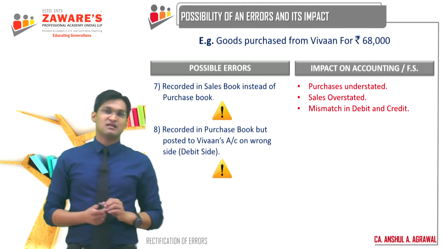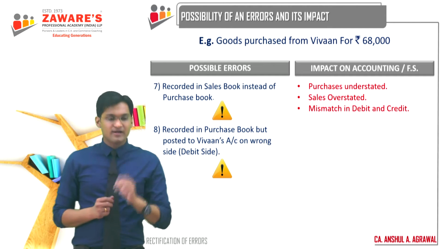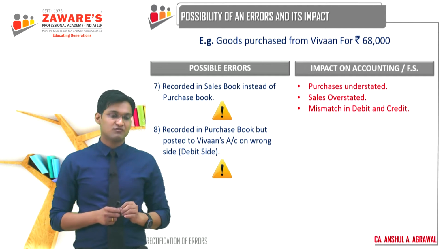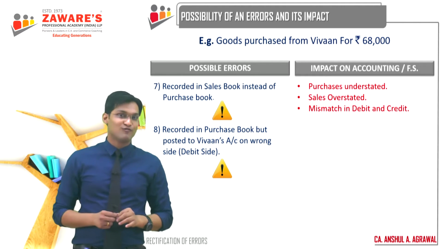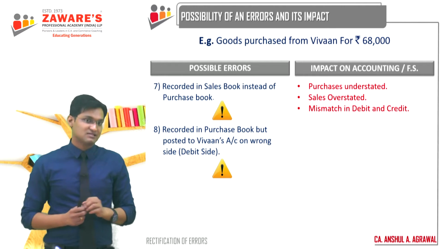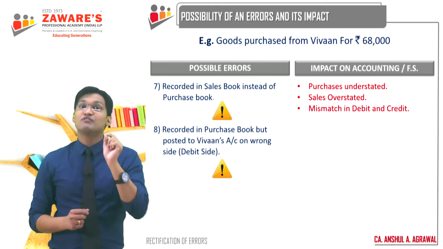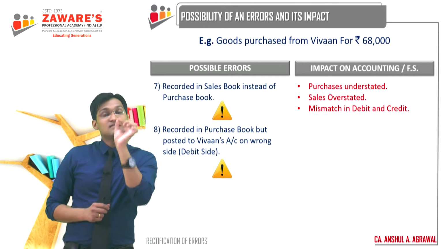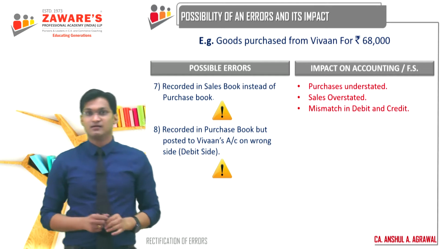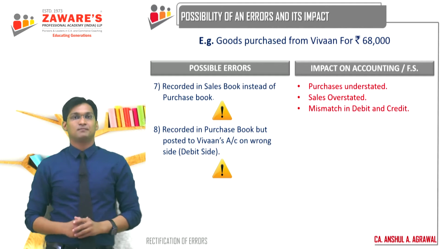And the last possible error on this particular transaction is you have recorded in purchase book but posted to Vivan's account on wrong side. Now, we have seen the correct entry for this transaction. The entry was what? Purchase account debit to Vivan's account credit, correct? Now, Vivan's account should have been credited. You debited purchase account correctly? Absolutely correct, no problem.